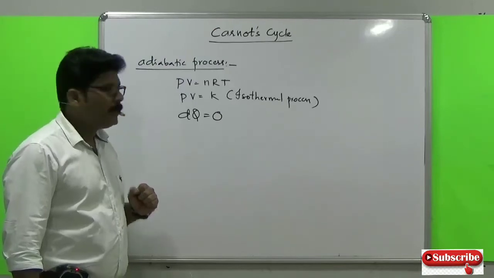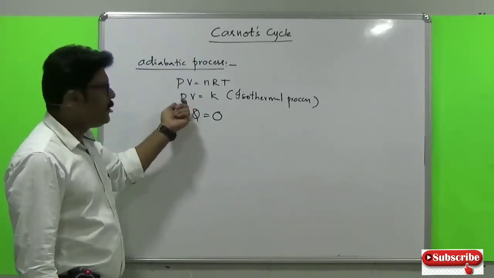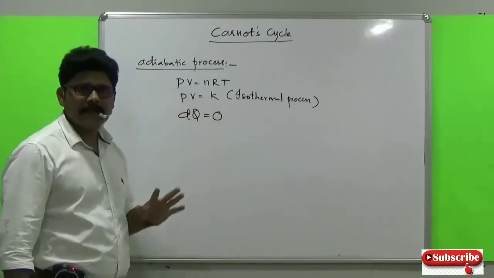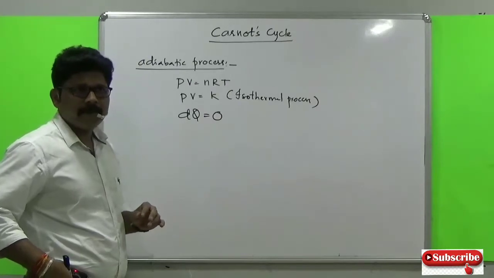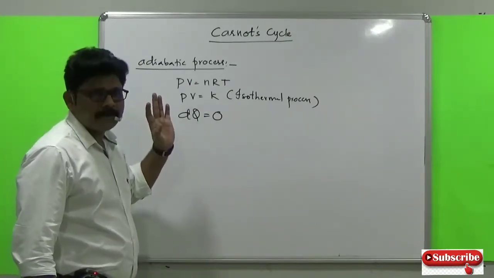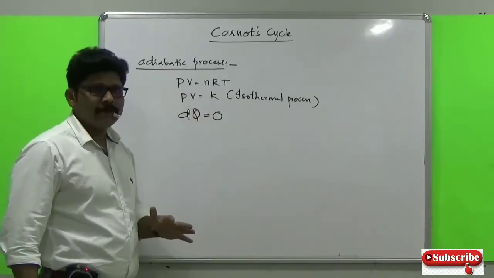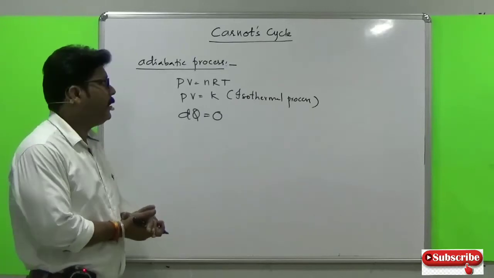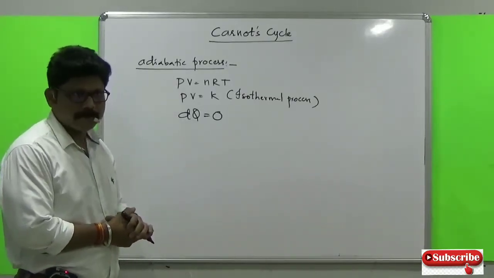Right? Now, which equation holds good? PV is equal to constant आसानी से लिखते हैं, मगर इधर temperature constant है, और इधर dq is equal to 0 है। इसमें प्रेशर, वॉल्यूम, टेम्परेचर all are changing. सो कौन सा इक्वेशन एडियोबैटिक प्रोसेस में आ जाएगा? Then we'll discuss right now. Okay.